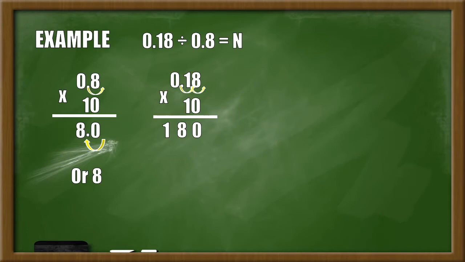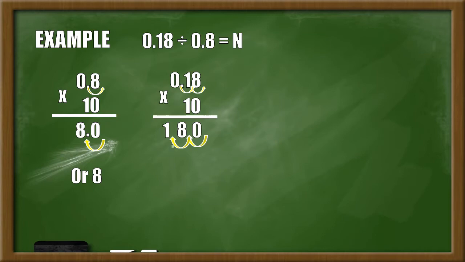So to our answer 180, we will move the same 2 moves, but from the right going to the left, like this. 1, 2. So our decimal point will be put at the center of 1 and 8.